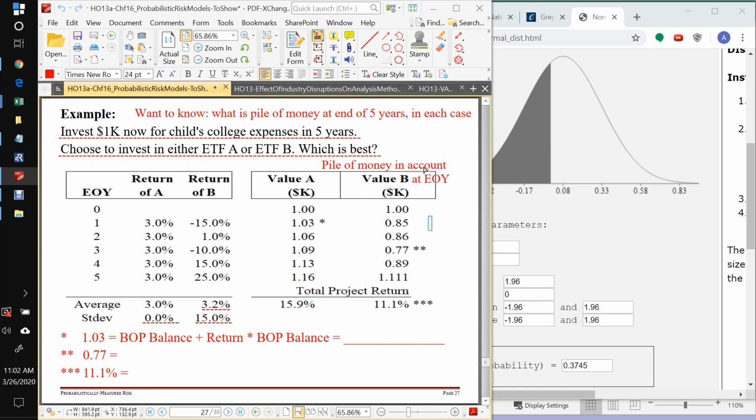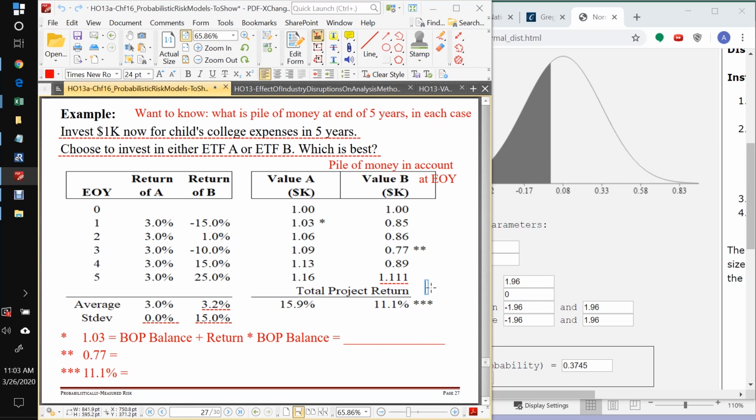And this is a really good thing to measure. So we've got A steadily growing, steadily growing, steadily growing, steadily growing, and we wind up with 1.16K dollars for A. And for B, notice how even though it's got a higher average return, the pile of money that we have at the end of the day is less.